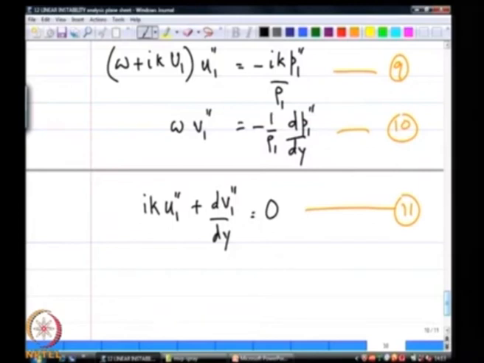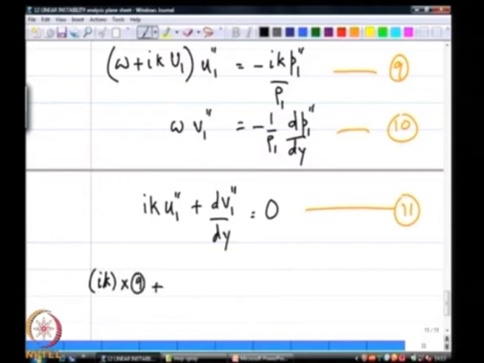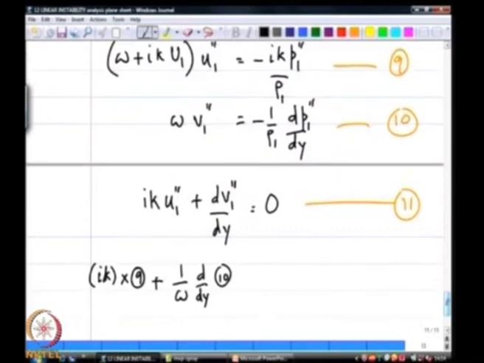Okay. I can multiply equation 9 by I k and take 1 over omega d dy of equation 10. You will see why I am doing this.